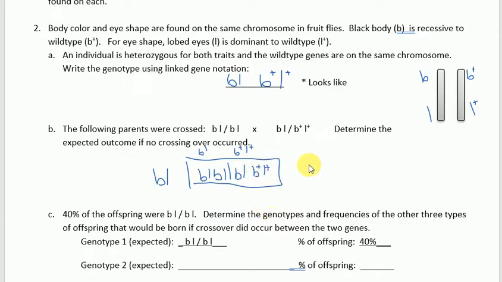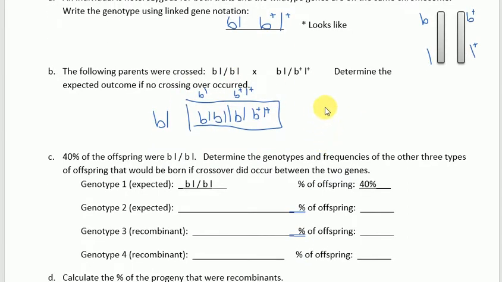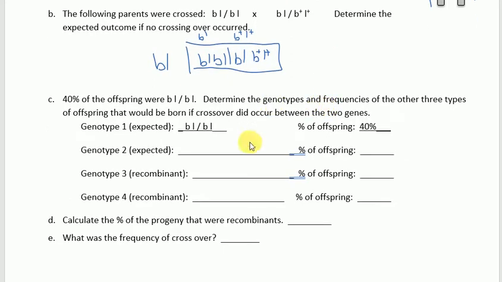Okay. So when no crossing over occurs, there's going to be that 1-to-1 ratio. Remember that. Okay, so 40% of the offspring were little b, little l. Determine the genotype and frequencies of the other 3 types of offspring that would be born if crossover did occur between the 2 genes.